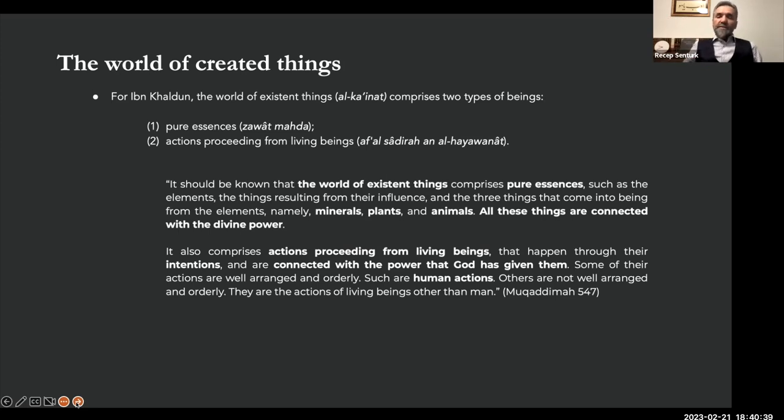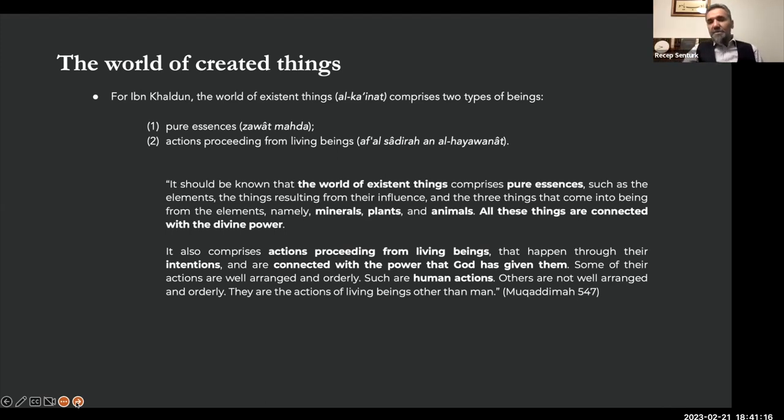So he wrote that it should be known that the world of existing things comprises pure essences, such as the elements, the things resulting from their influence, and the three things that come into being from the elements, namely minerals, plants, animals. So these things are not the production of human actions. All these things are connected with the divine power. So Allah Ta'ala creates them. It also comprises actions proceeding from living beings.